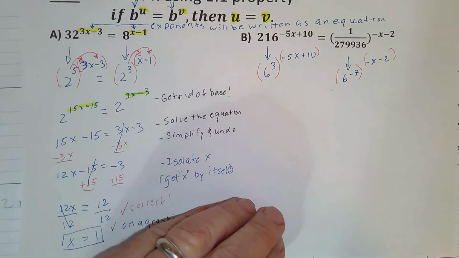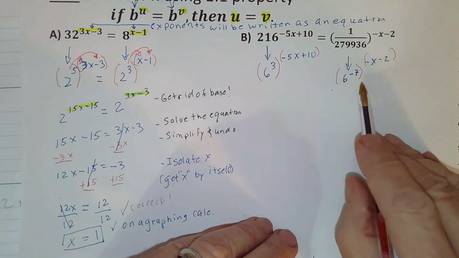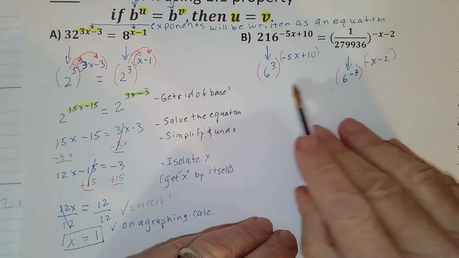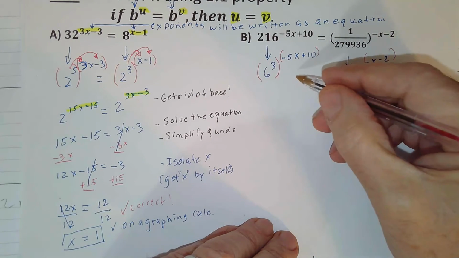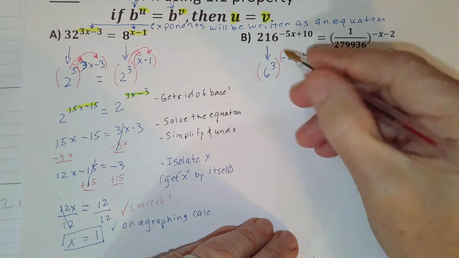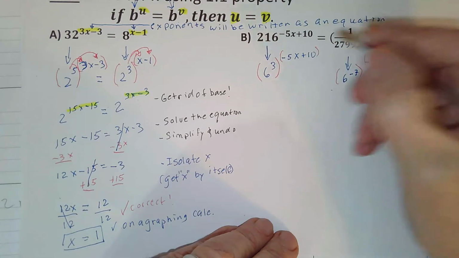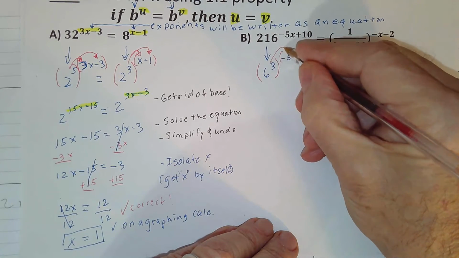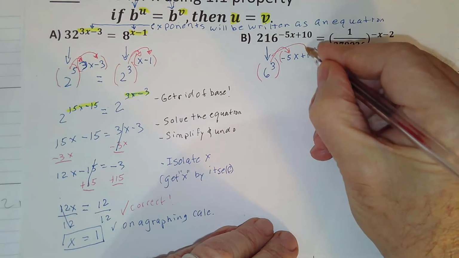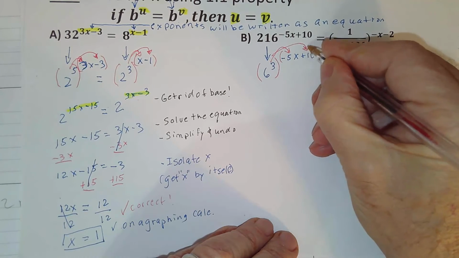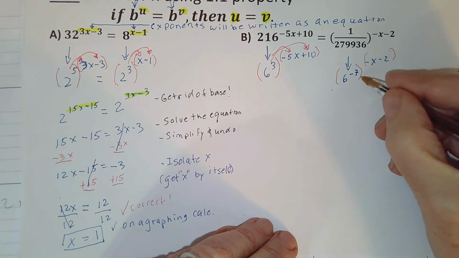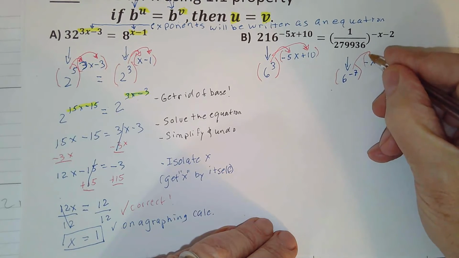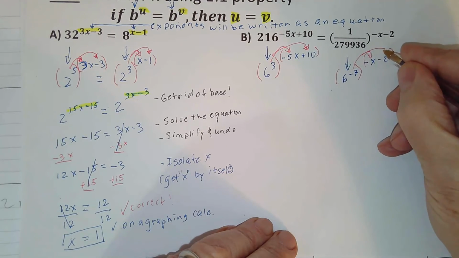Now, here's the thing. These are still not, technically speaking, the same bases until we do the distribution. So let's go ahead and distribute. So we're going to multiply both of the terms on the left by the exponent of 3, and then we're going to take the negative 7 and we're going to multiply it to the 1x and to the negative 2.